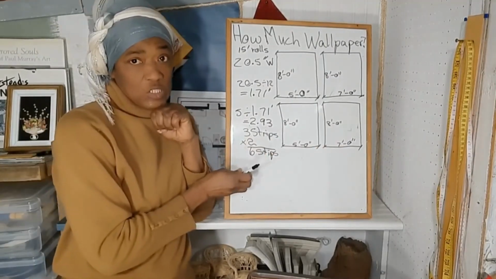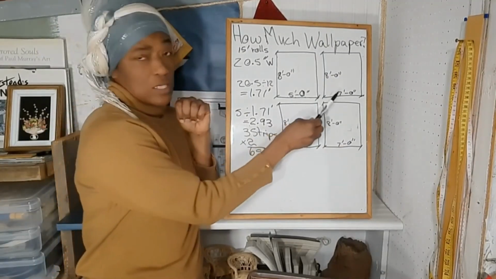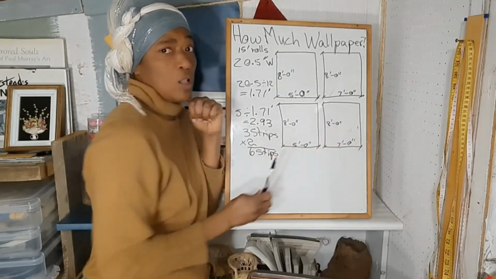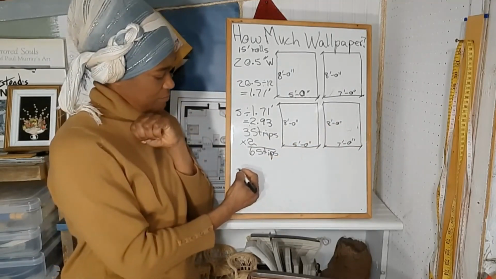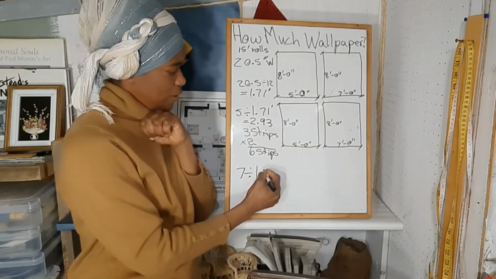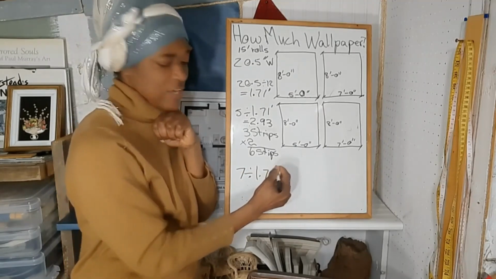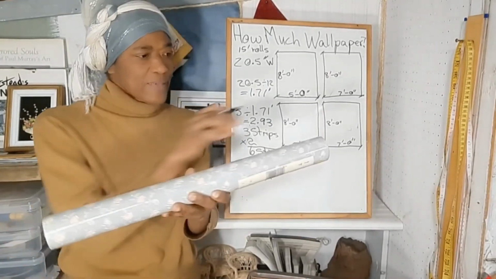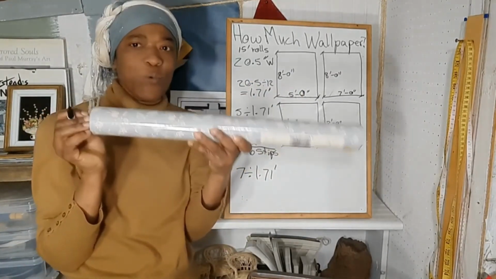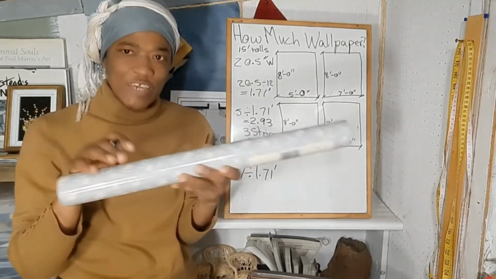So now we need to figure out how many widths we need to go across a 7-foot wall. So we take 7 and we divide by 1.71 feet. And again, that is because the width of the wallpaper is 1.71 feet.